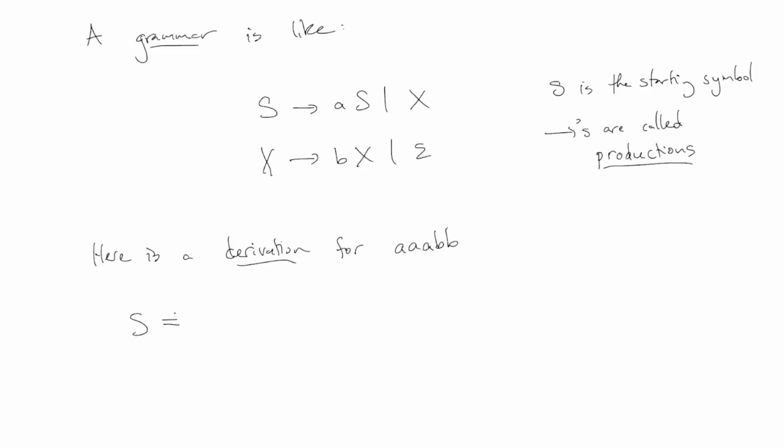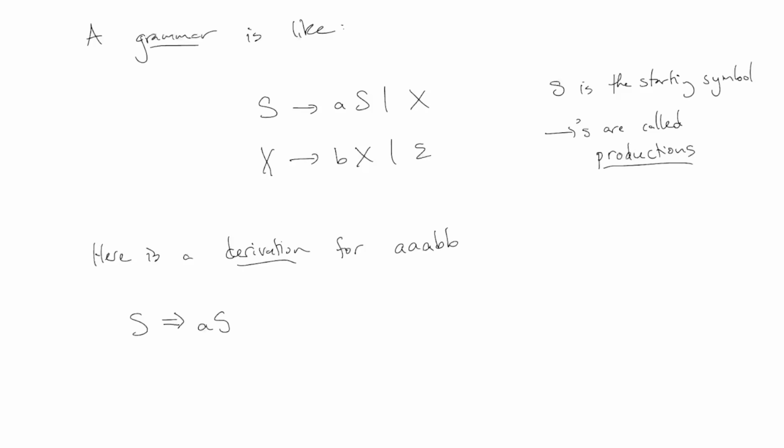So I'm going to say S goes to AS first. If I start with S, I need to make some A's at the beginning. S can become AS or S can become X, but because I know what I'm trying to make, I need S to go to AS in order to get an A at the beginning.